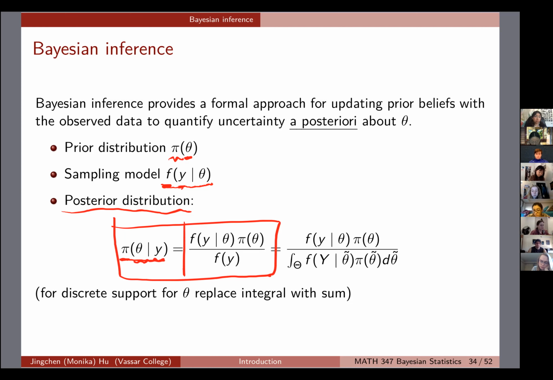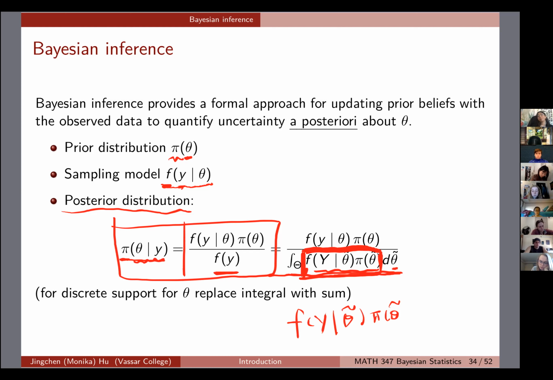And here I'm showing you a version of the Bayes rule that is continuous, in the sense that we are integrating out theta from the joint distribution over here in order to get the marginal of y. So again, this part, f(y given theta tilde) and pi(theta tilde): the product of the marginal and the conditional is the joint.